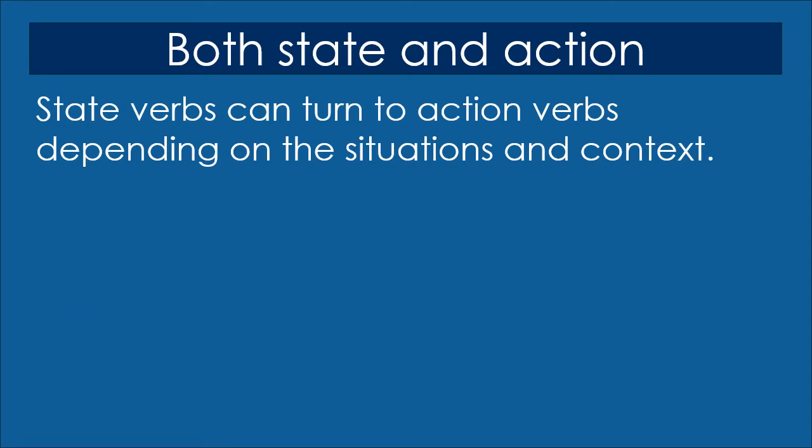State verbs can turn to action verbs depending on the situations and context. Actually, a verb is state when it is used in the state situation and a verb is an action verb when it is used in the action context.